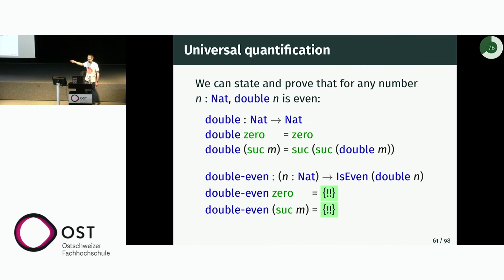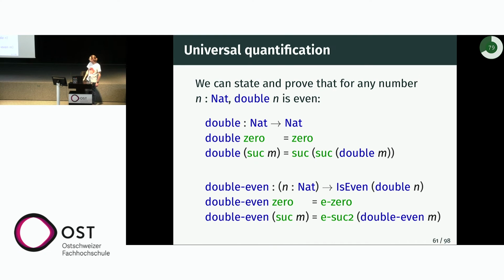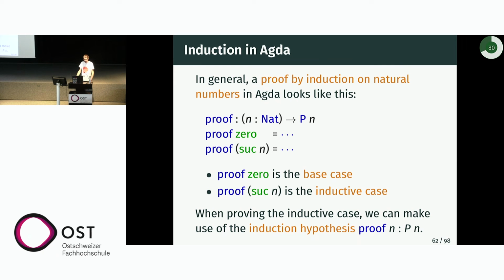In order to prove it, we just pattern match on the number, use the appropriate constructor, and then make a recursive call. It's that easy. So in general, if you want to prove a predicate like this or a dependent statement like this, this is a proof by induction on natural numbers.